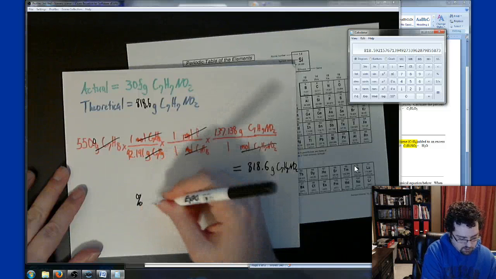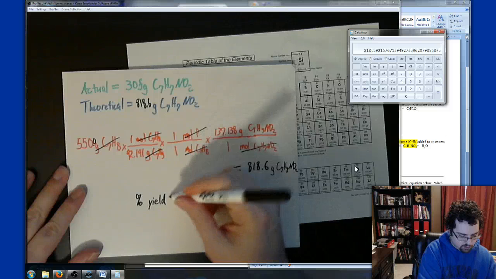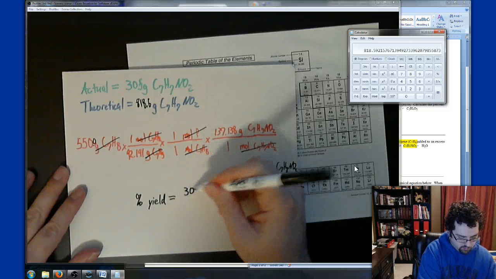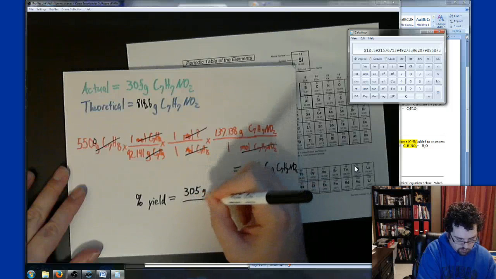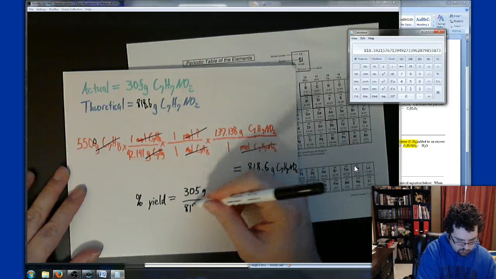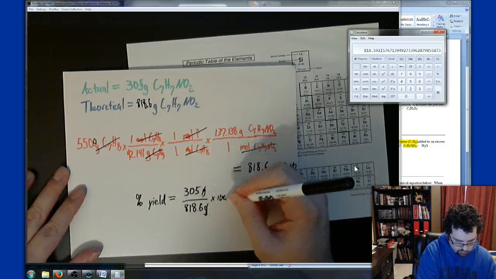The percent yield is your actual divided by your theoretical. So 305 is what we actually got, divided by 818.6, and times 100 for a percentage.